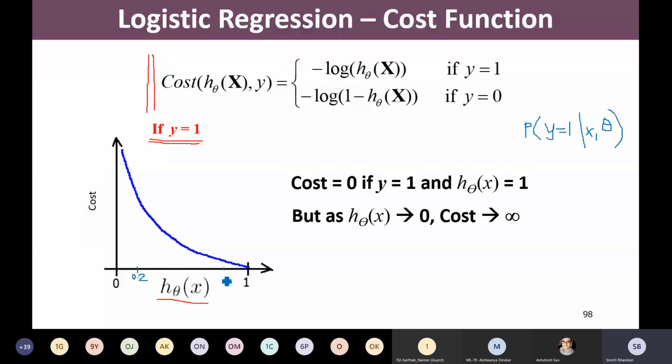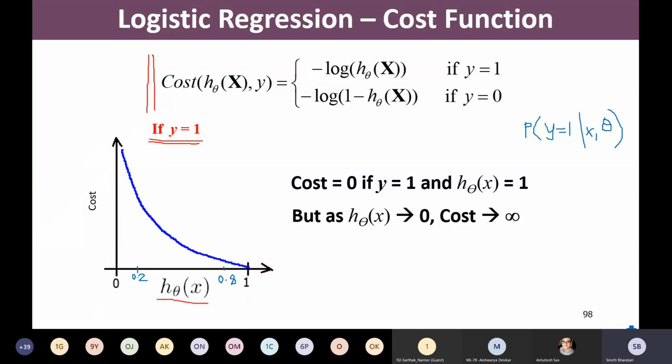If h theta x is say 0.8, then how am I going to interpret this? I interpret it like my hypothesis is giving me the value 0.8, meaning there are 80% chances that my sample belongs to class 1.